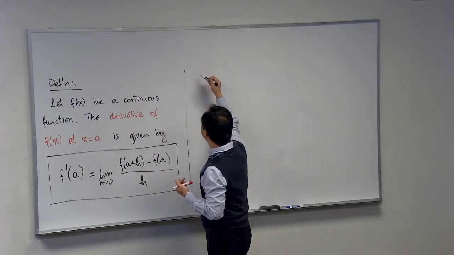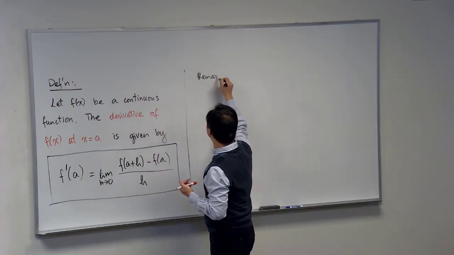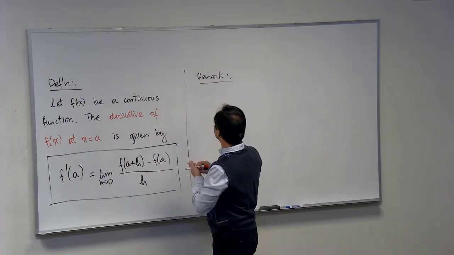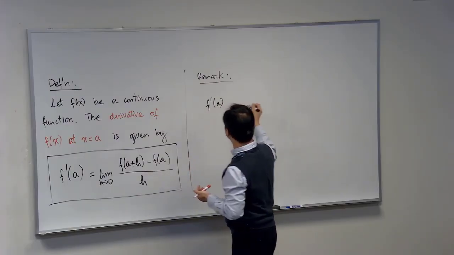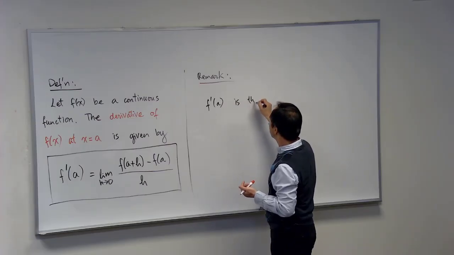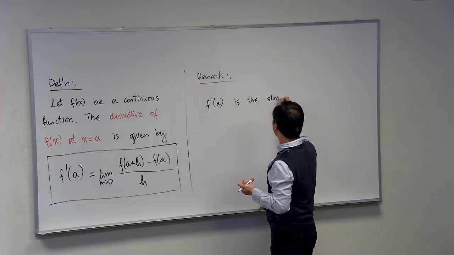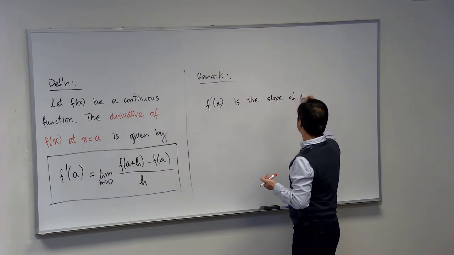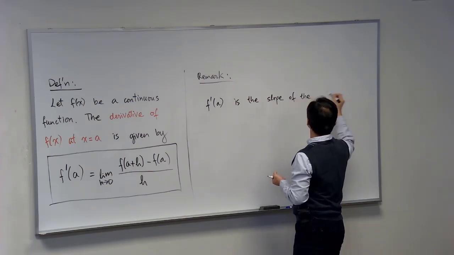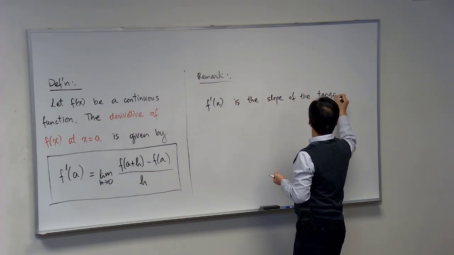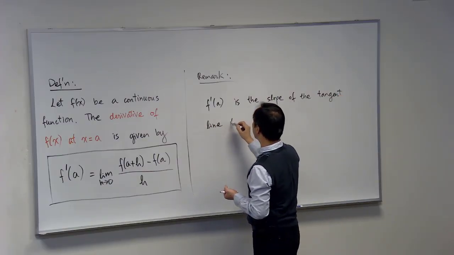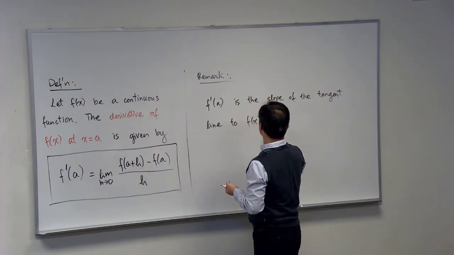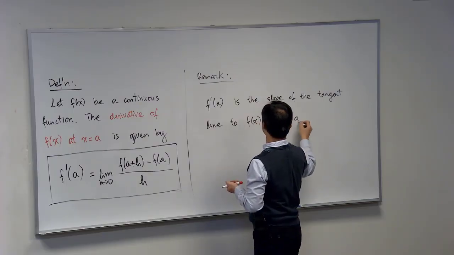As a remark, something to keep in mind: the derivative at a is the slope of the tangent line to the function f of x at x equals a.